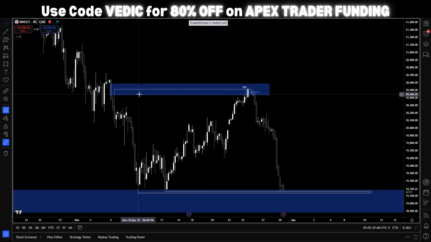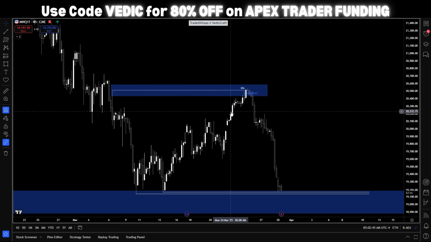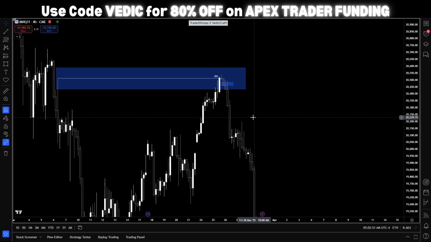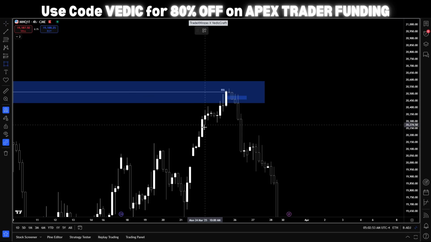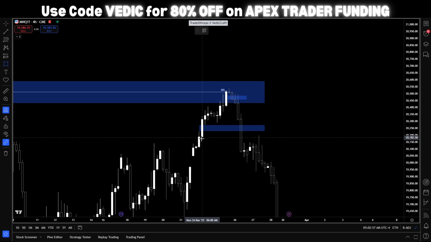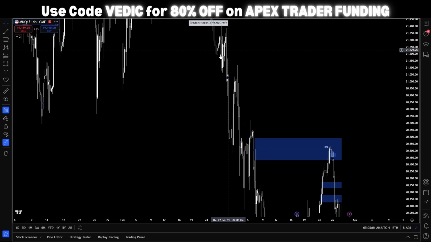At this point, we have this buy side liquidity with a fair value gap intact. This will be my level where I want to see a rejection lower. If I am bullish, I want to see price either hold this fair value gap or use it to push to these highs.